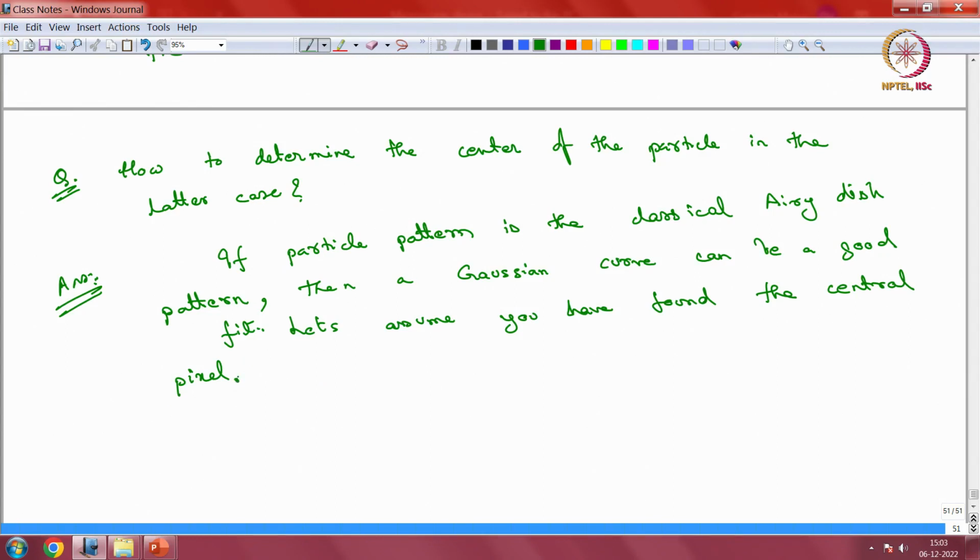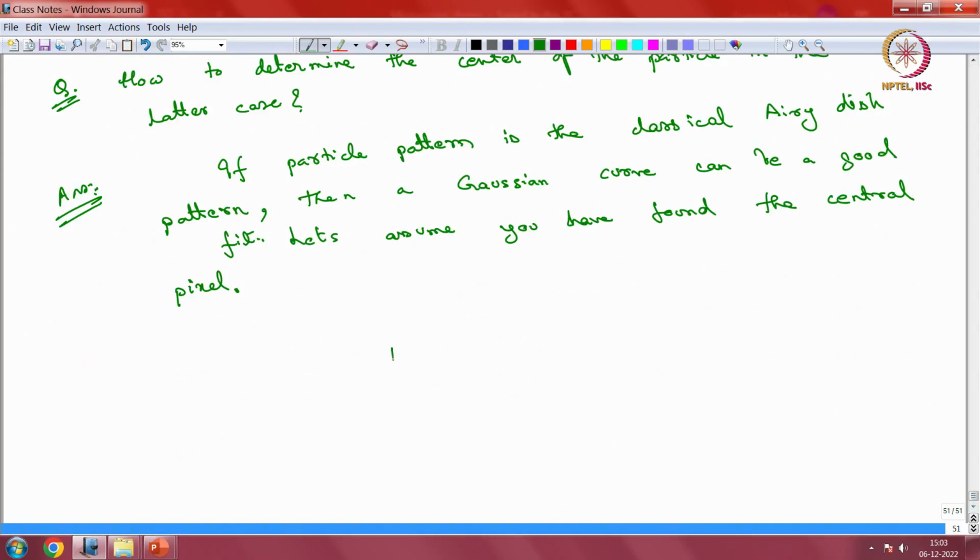Now, you will have a situation where these are pixels. I have been able to locate the center pixel which corresponds to my particle. Now, I also know the values in the pixels close by, and I can apply what is often known as the centroid method for finding the center of the particle.